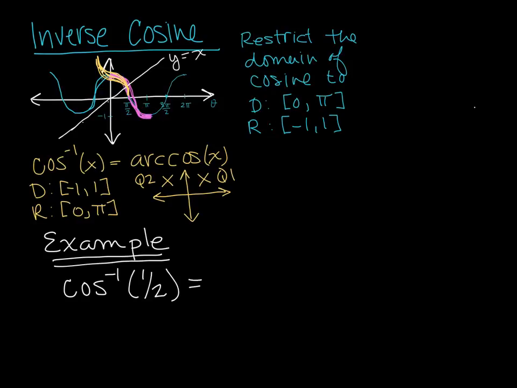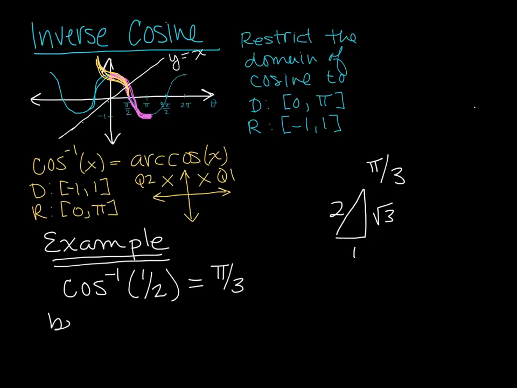Well, then I need to know where is the cosine function equal to 1/2. And so I know that the adjacent side of my triangle is 1, and the hypotenuse is 2. So this is going to be the square root of 3. This is the pi over 3 triangle. So that's pi over 3.